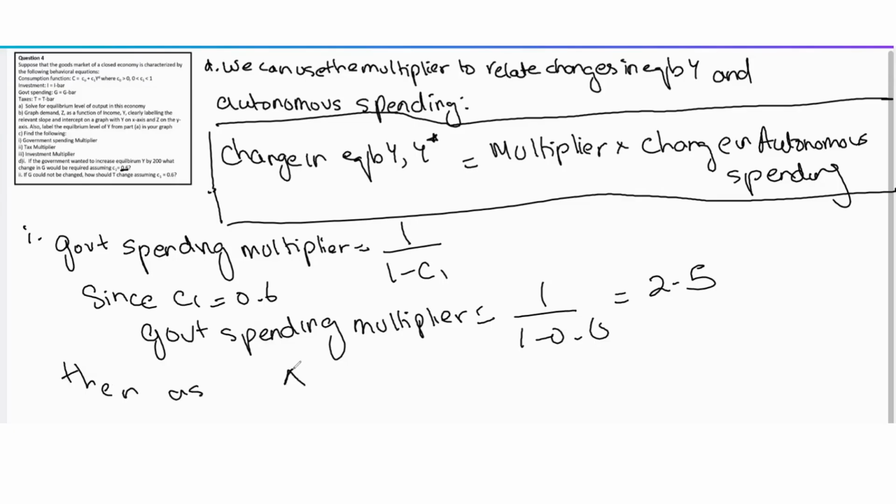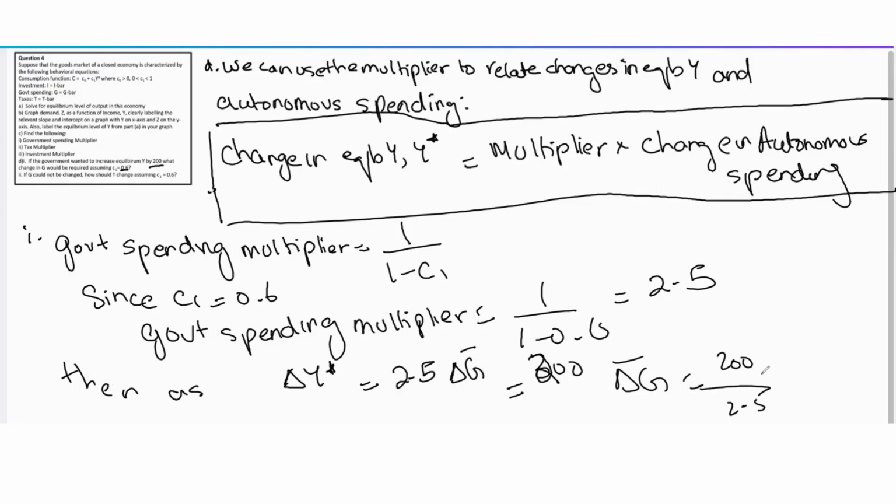Then the change in Y star is equal to 2.5 times delta G bar. The change in Y star that is required is 200. So from here we can see that delta G bar is just going to be 200 divided by 2.5, which is going to be 80.